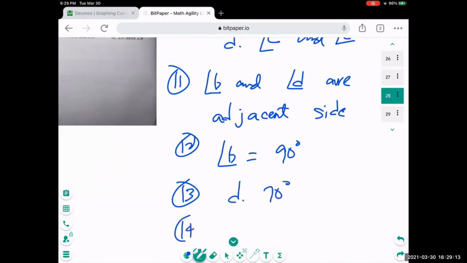And then for number 14, the question is, if C is 20 degrees and C and D are congruent angles, then what is the measure of angle? Okay, it was cut actually.